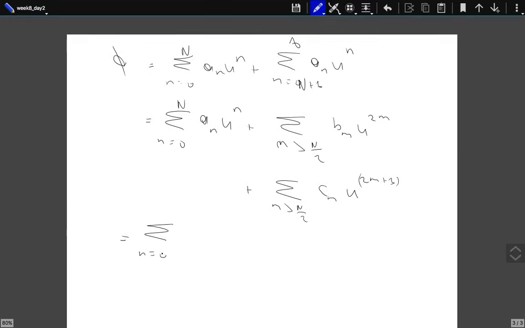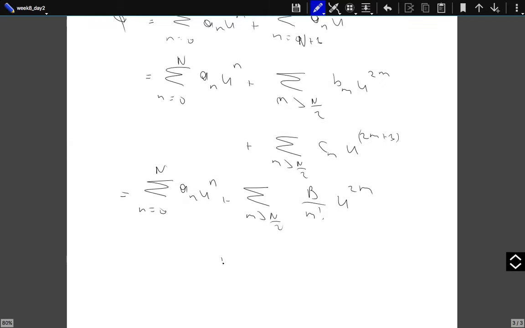Now I will do one more trick. Sum over n from 0 to n of a_n u^n plus sum over m from 0 to n over 2. Now let me just take one more step. Sum over m larger than n over 2, b_m is just b over m factorial, and c_m, with m larger than n over 2, is c over m factorial.